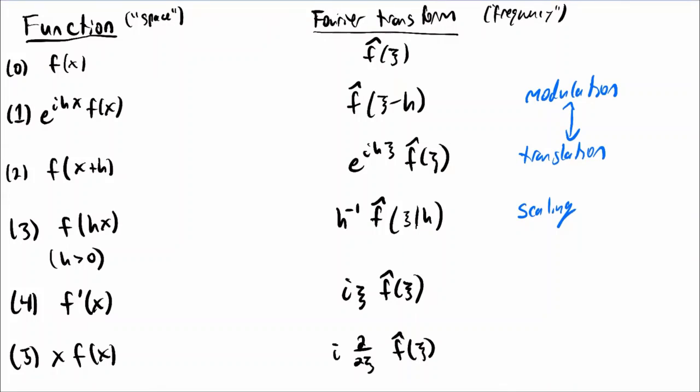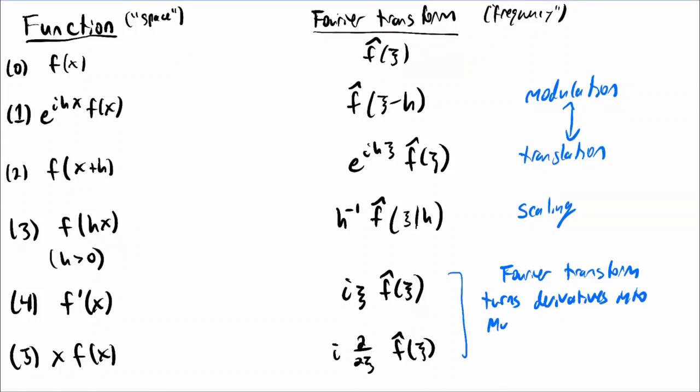And so what these two properties show is that the Fourier transform turns derivatives into multiplication by polynomials, which is a very powerful and useful property.